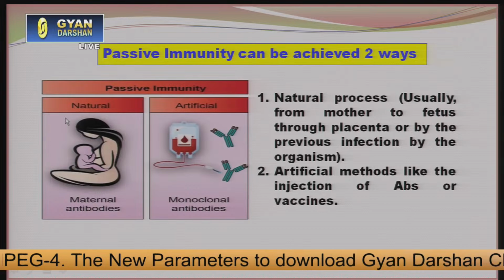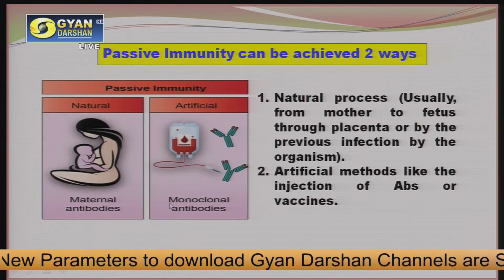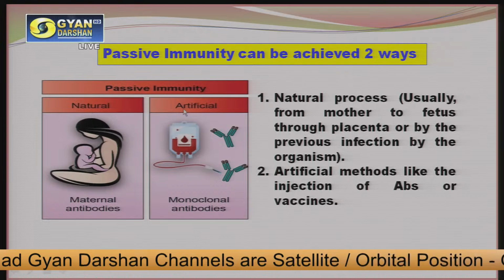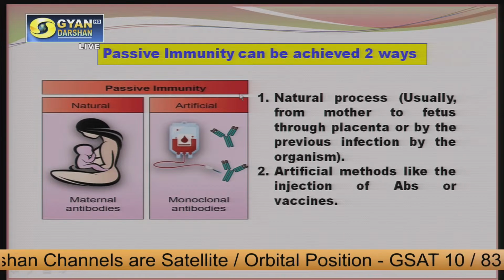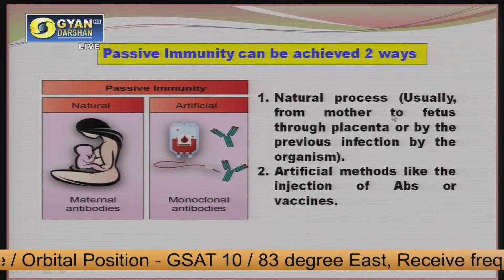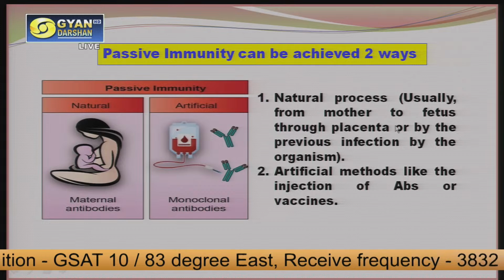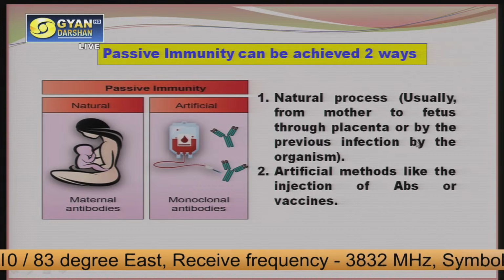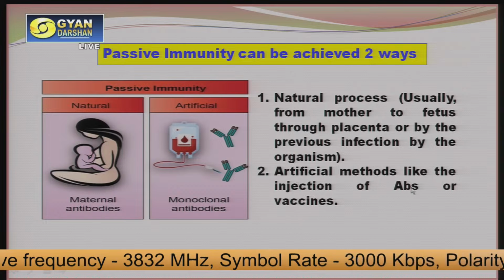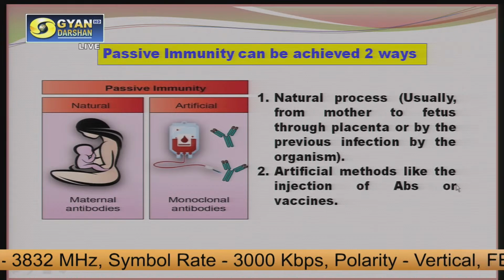Passive immunity can be achieved in two ways. You can see in this figure, here is the natural, another is the artificial. The natural process is usually from mother to fetus through the placenta, or due to a previous infection by organisms. An artificial method is the injection of monoclonal antibodies.